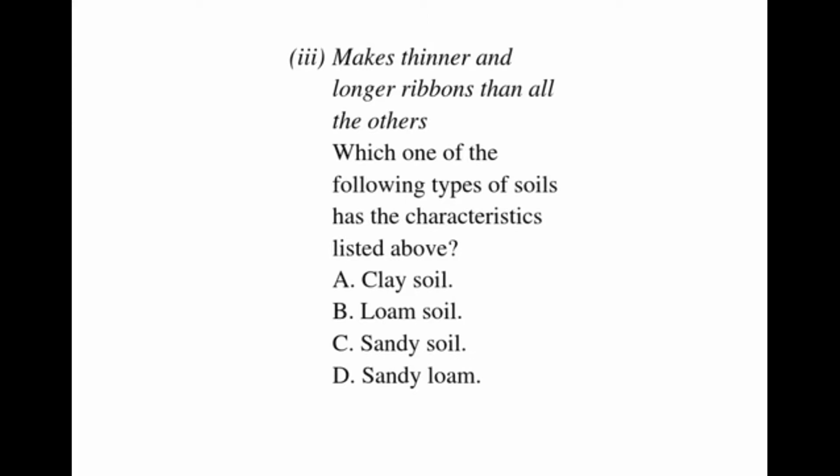Which one of the following types of soil has the characteristics listed above? When you look at the different types of soil, they have different characteristics. These characteristics or properties are determined by the sizes of soil particles in each type of the soil.